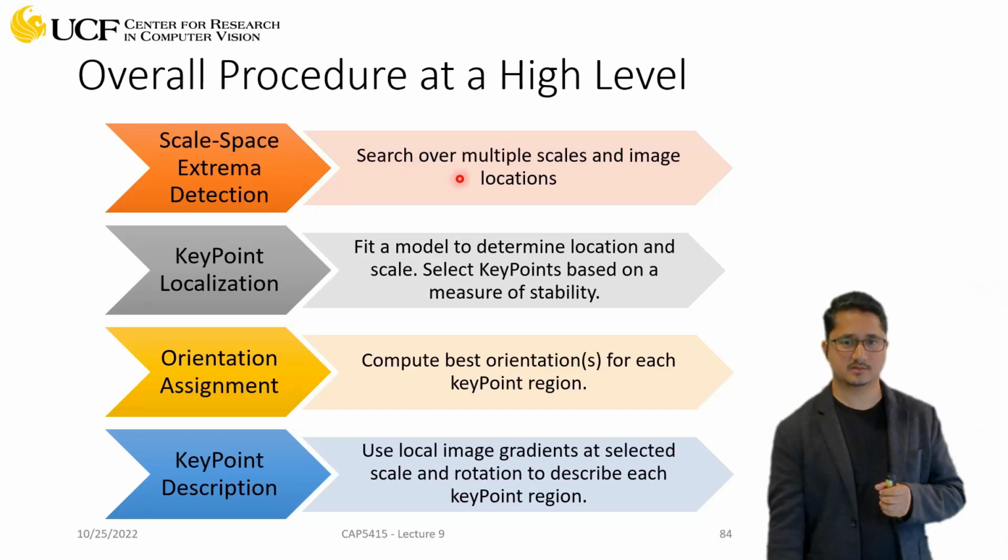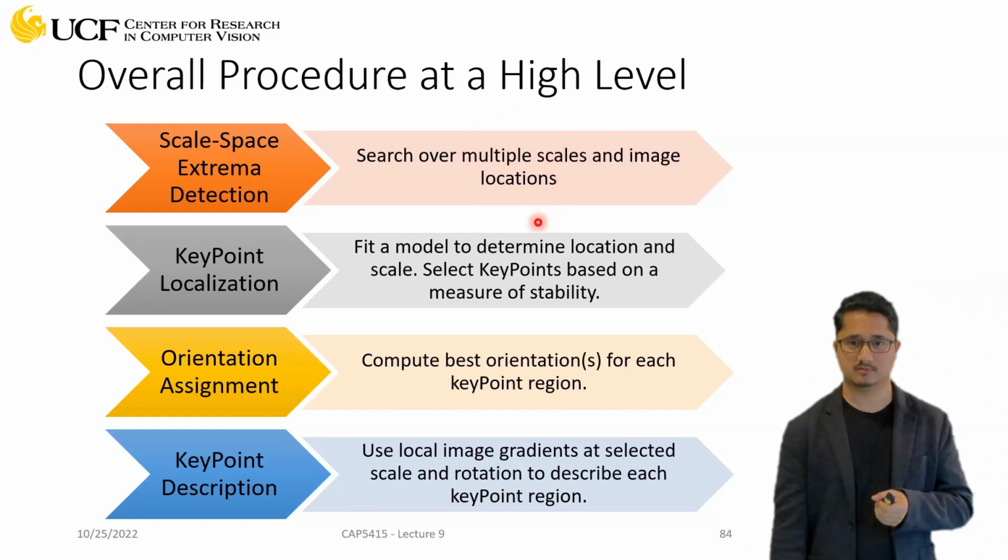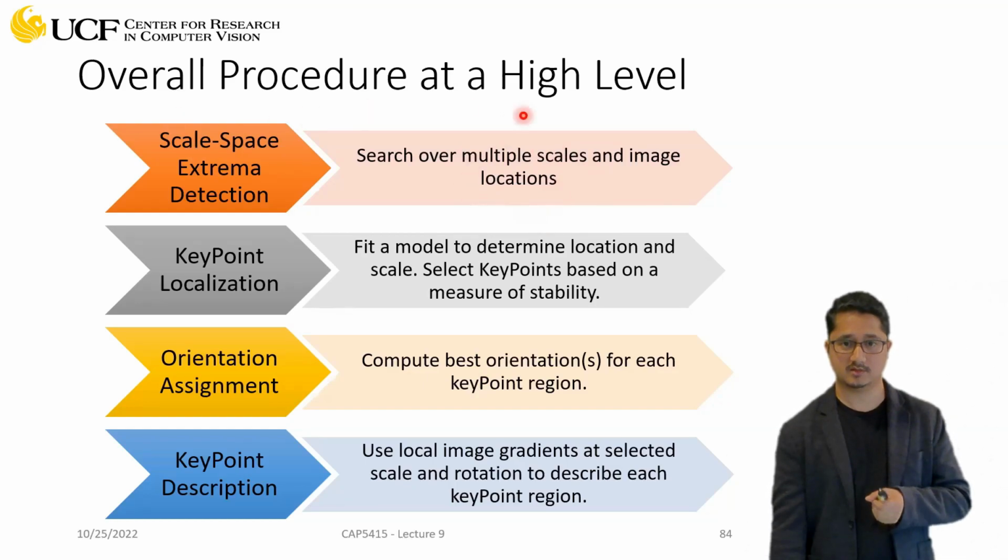The idea is you will search over all the possible locations, but while you're searching, you will try to search at different scales, and that's the key. You search at multiple scales, and this search process actually makes it scale invariant. So that's one important aspect of this algorithm.